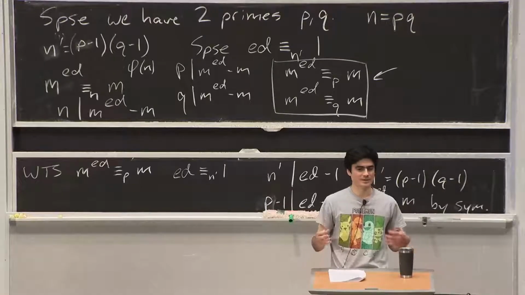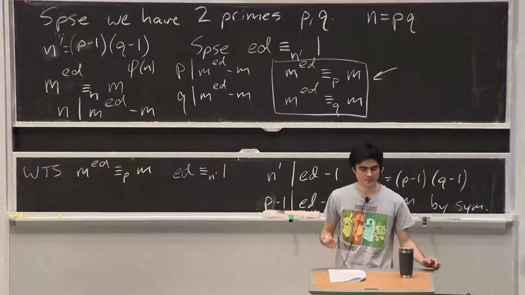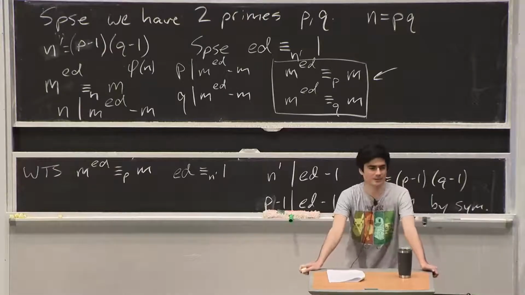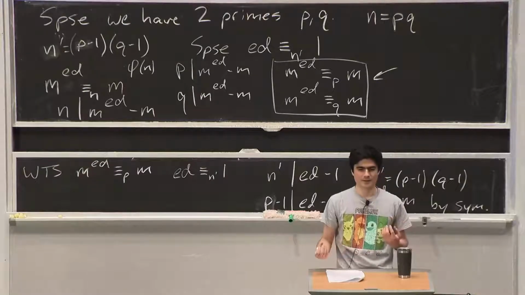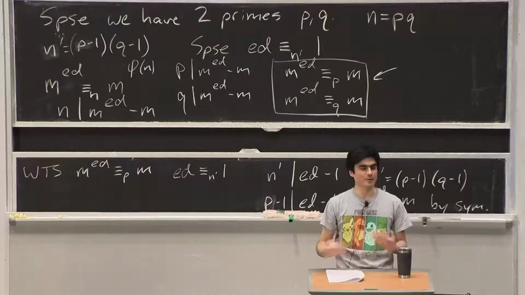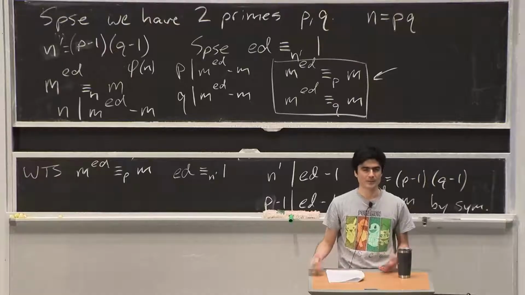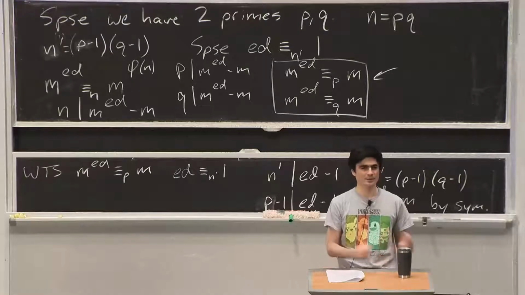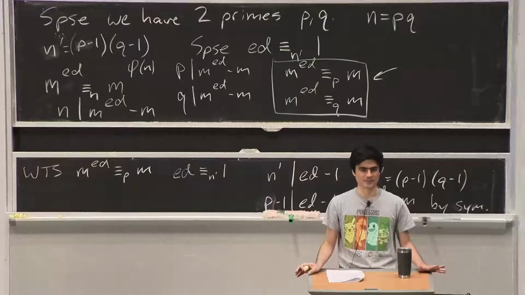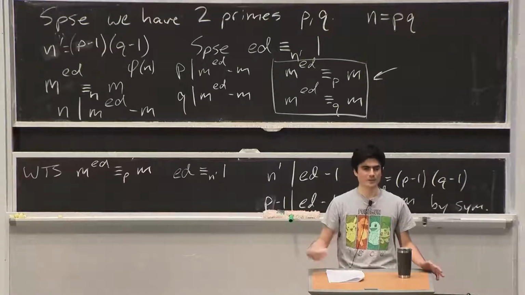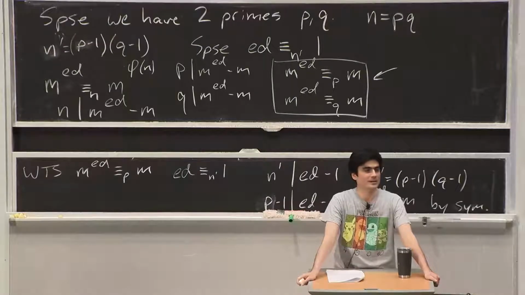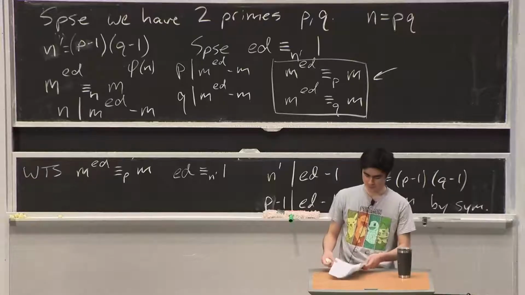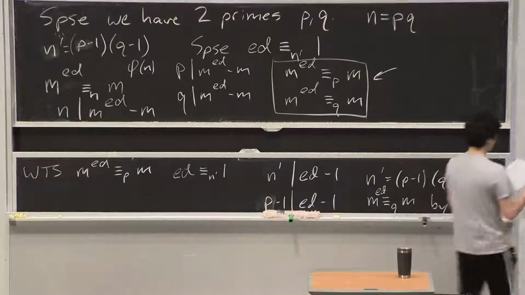So it turns out that this is something that you can do in general. This is what we call the Chinese remainder theorem. If you have two coprime numbers, p and q, working modulo their product is equivalent to working modulo each of them individually. And often working modulo the smaller numbers individually is going to be much easier than working modulo the large number.